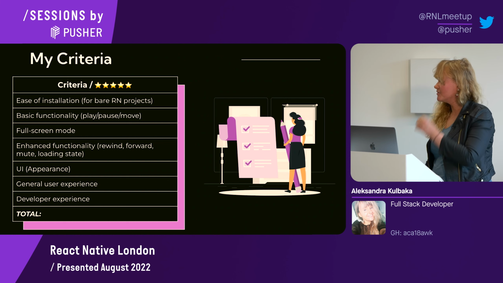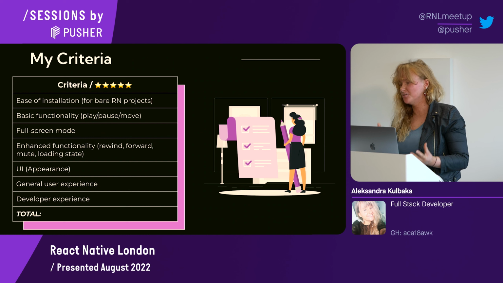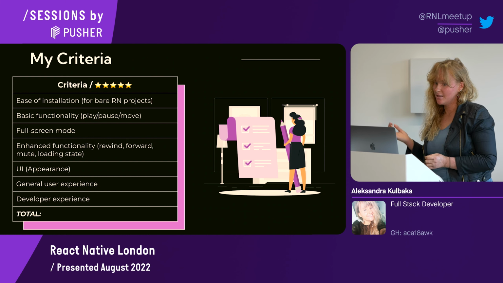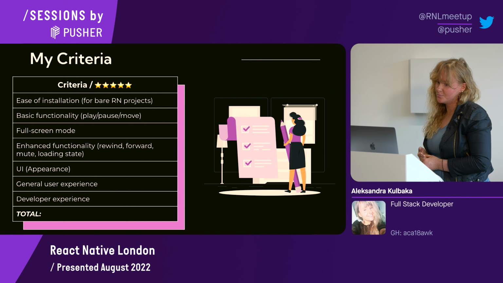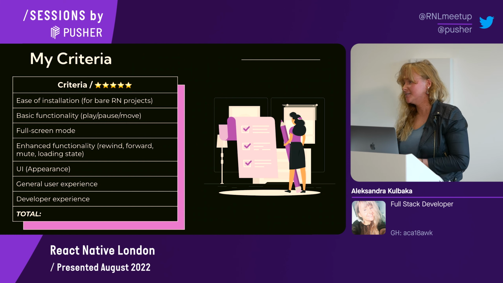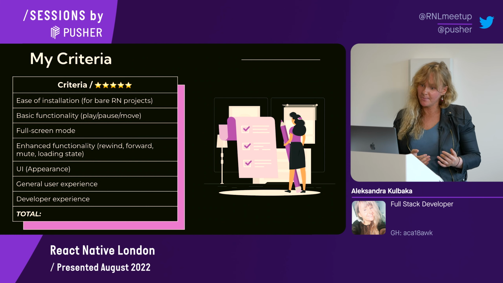So after listing out all these requirements, I transformed them into measurable criteria, which is ease of installation for React Native projects, basic functionality, which is play, pause, and move, and full screen mode. As I mentioned, it's quite an important feature, so I decided to put it into a separate category.